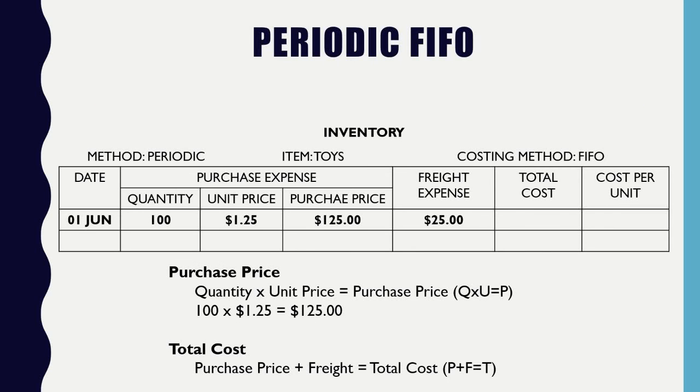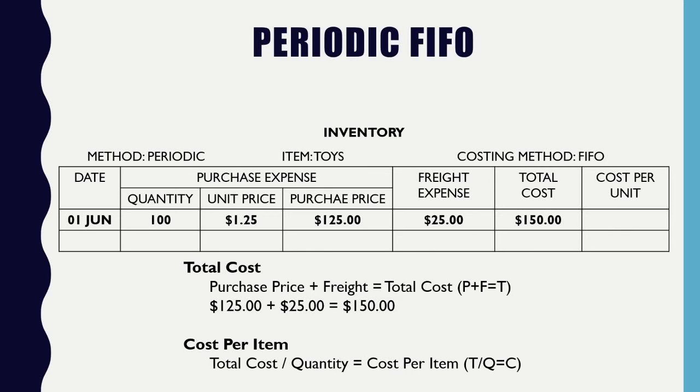It's going to be 125. Then the next formula is your total cost, because freight is already given. So your total cost is your purchase price of $125 plus an additional $25 for freight, which gives you a total cost of $150.